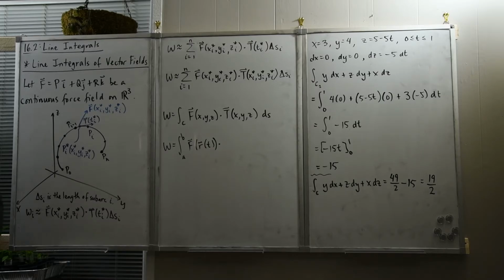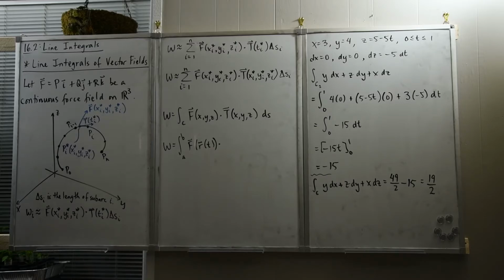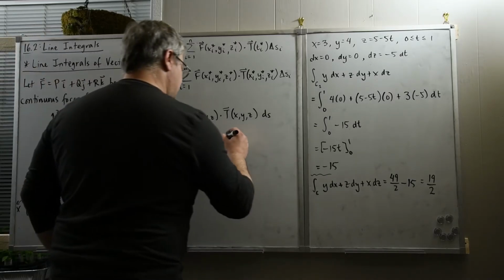If you go back to the definition, this is the same thing as R prime of t over the magnitude of R prime of t.